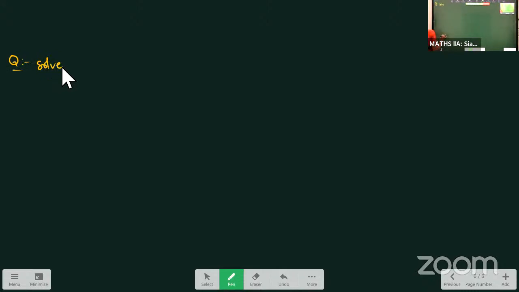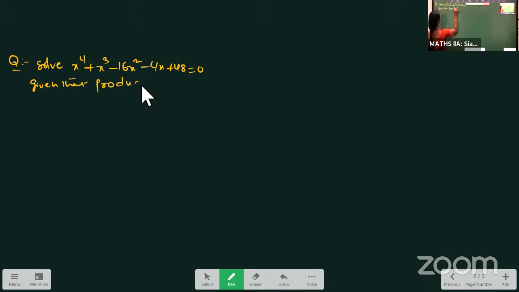Solve x power 4 plus x cube minus 16 x square minus 4x plus 48 is equal to 0, given that the product of two of the roots is 6.